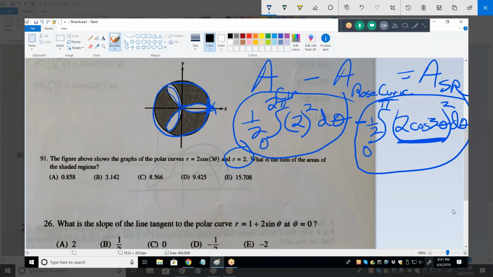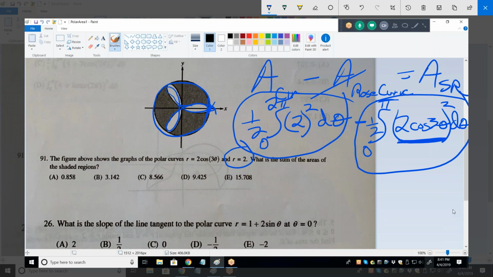If you do the second part, you get... you want to go through this? It might be worth going through this. Yeah. So integrate the first part. Let's go through the first part. What's that equal? The integral of 2 squared... just square 2, is 4.